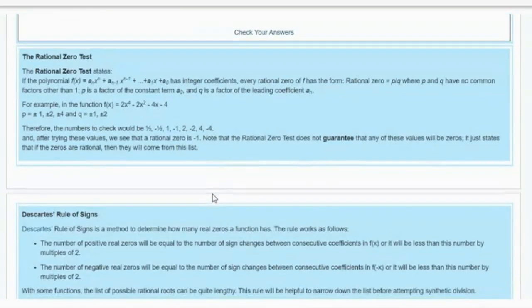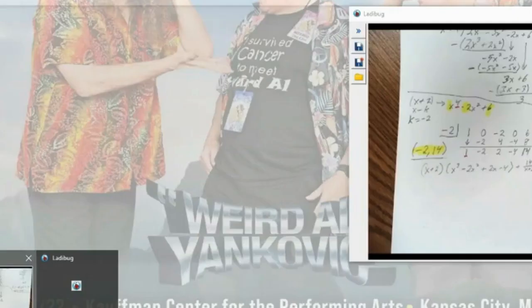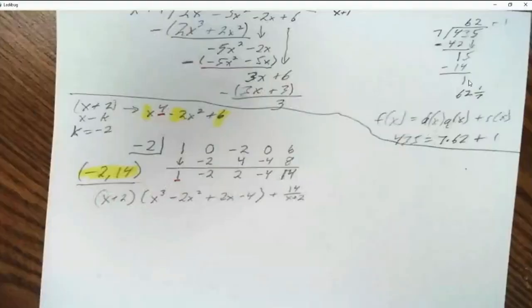All right. We're going to get into the rational zero test and Descartes' rule of signs. So the rational zero test lets us take a shortcut to figure out, from a function, what are the possible rational zeros. And again, there's a lot of mathy words here. I'm going to show you what it's talking about without going through all the mathy part here.